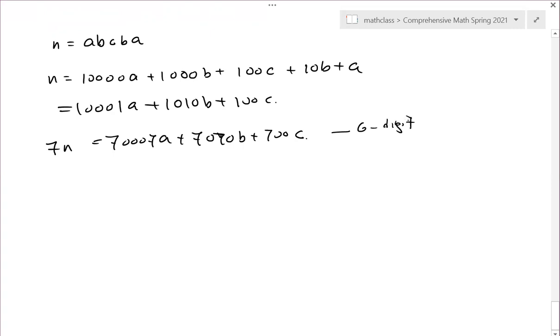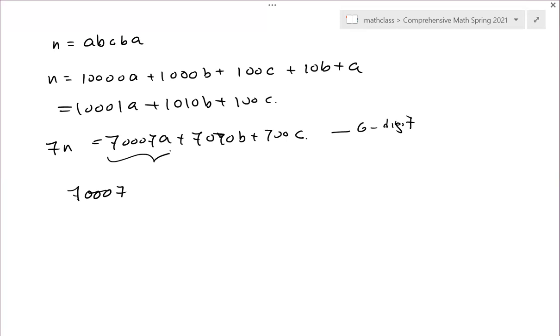So when it's not going to be 6-digit, this makes a bigger contribution here. No matter which number you choose, let's see how you get a 6-digit number. It cannot be too small.